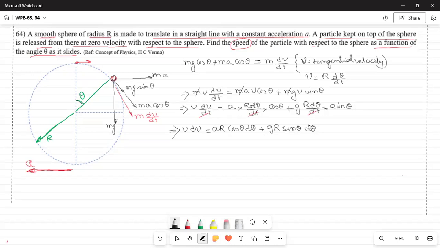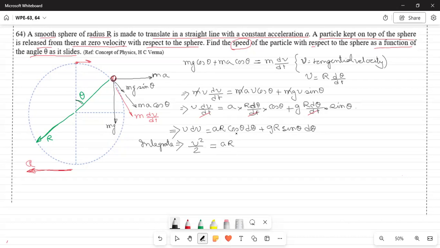Now, if you integrate both sides, then we get v square upon 2, because left side is an integration on dv, right side is an integration of theta, is equal to AR.